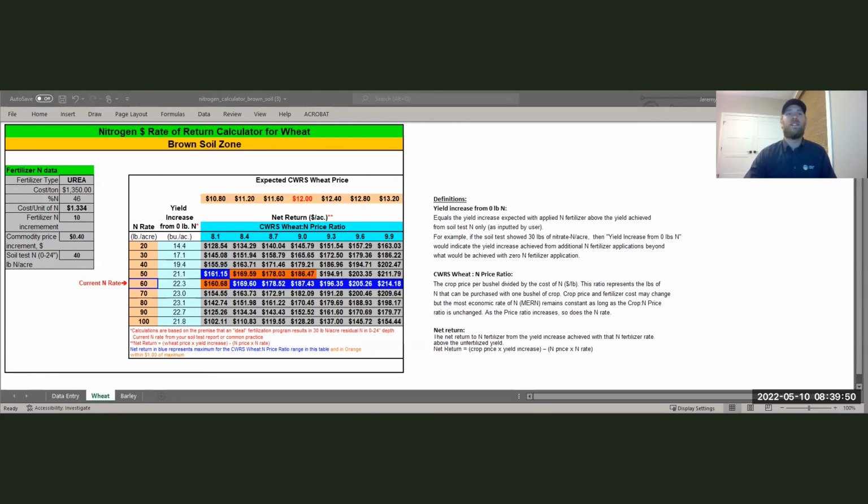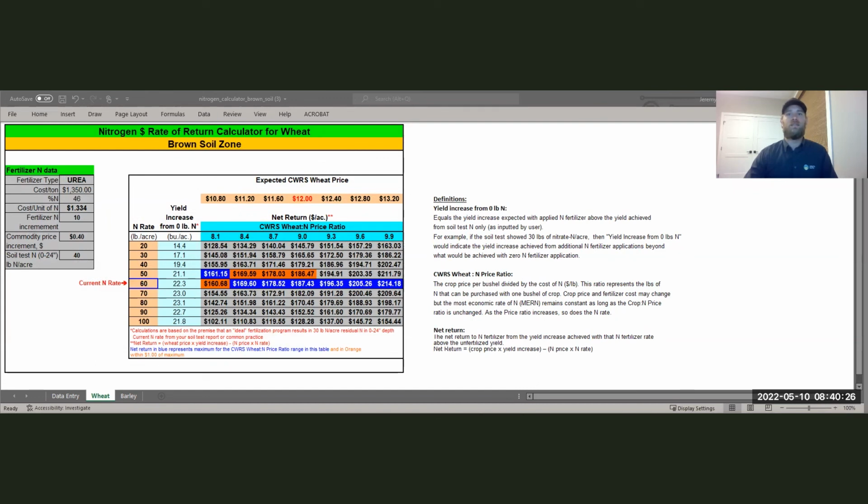So if we apply 60 pounds of nitrogen in the form of urea at a price of $13.50 per metric ton on a field with soil tests indicating 40 pounds of available nitrogen in the form of nitrates, and we expect to receive $12 for a bushel of CWRS wheat, and we expect a yield increase of 22.3 bushels from the 60 pounds of nitrogen we applied, the calculator is indicating a net return of $187.43 per acre.